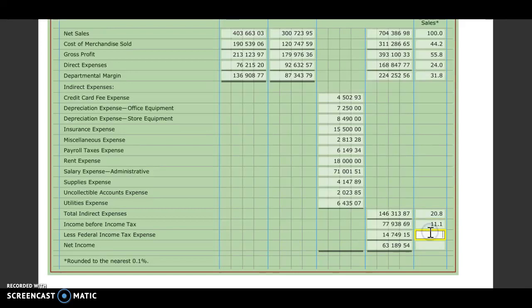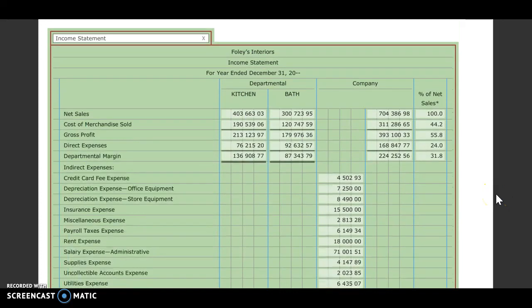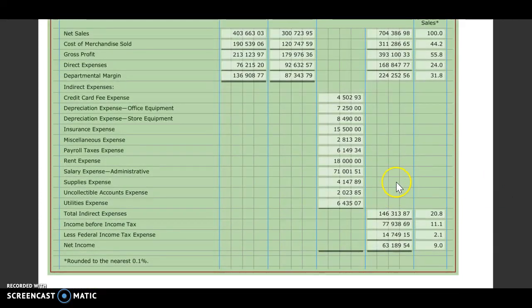Then 11.1. Then 2.1%. And last one. Again, we'll be rounding up, so we'll get 9.0%. Okay, so that was step 1. You can now go to the next video for step 2.